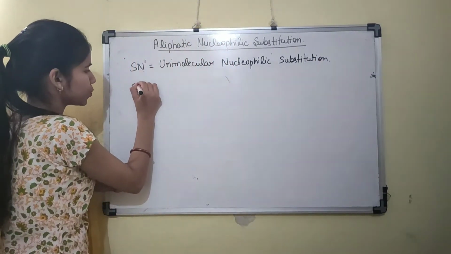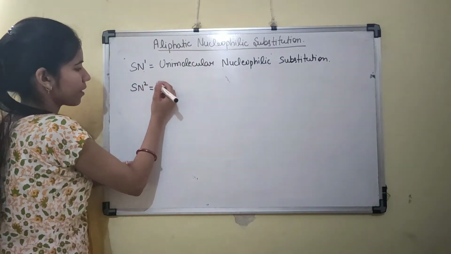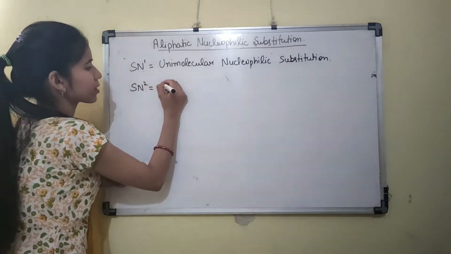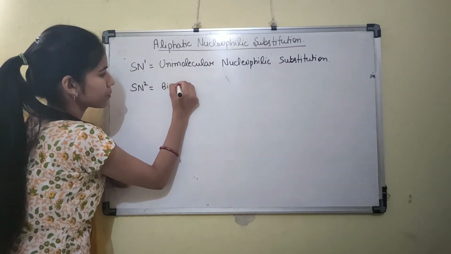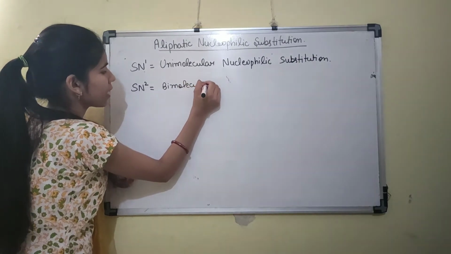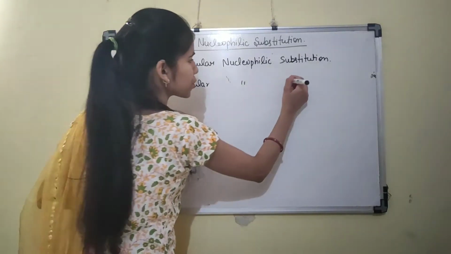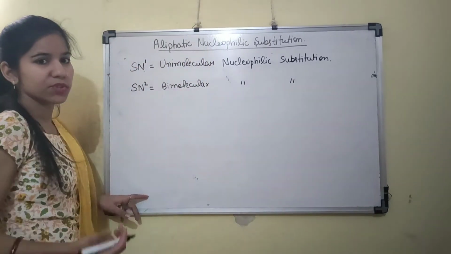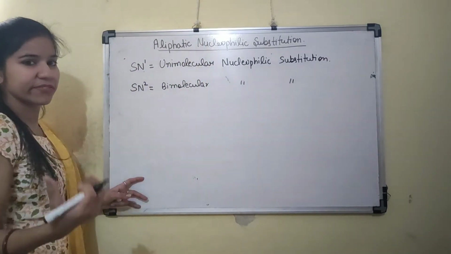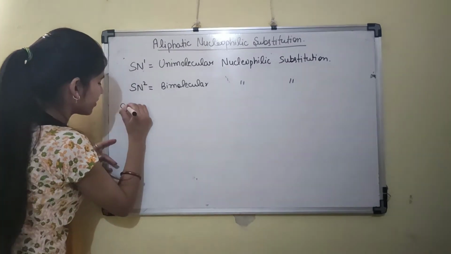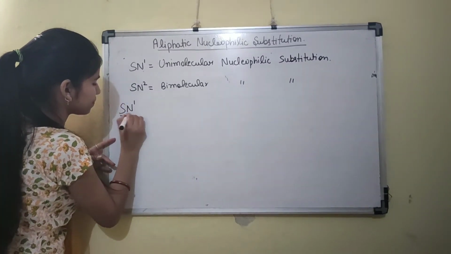And in SN2, 2 means bimolecular, and N means nucleophilic and S means substitution. And in this video we are learning about SN1 mechanism. So let's start with SN1 mechanism.